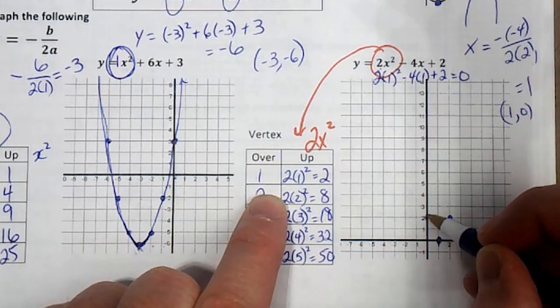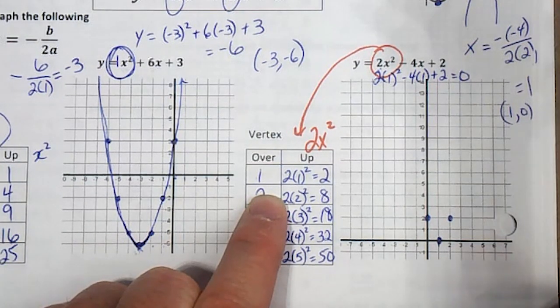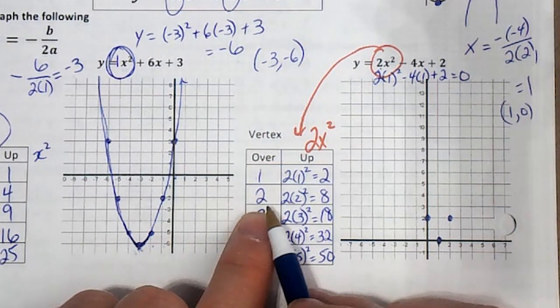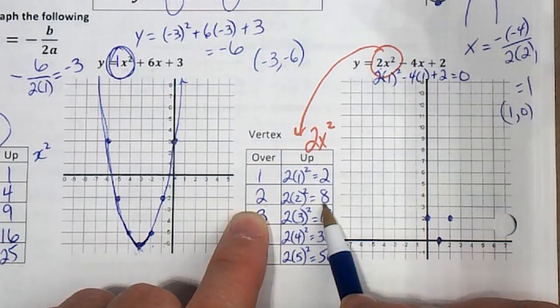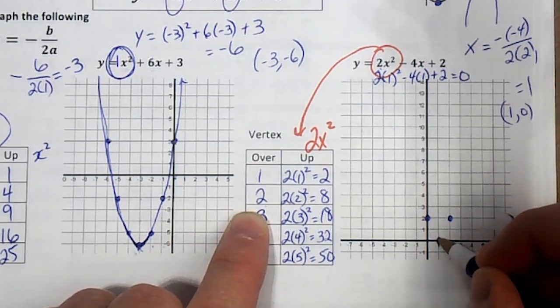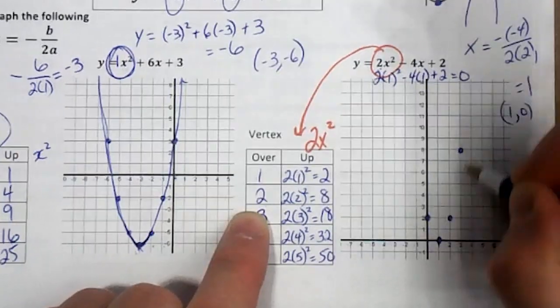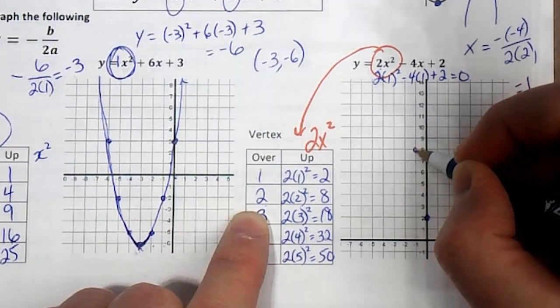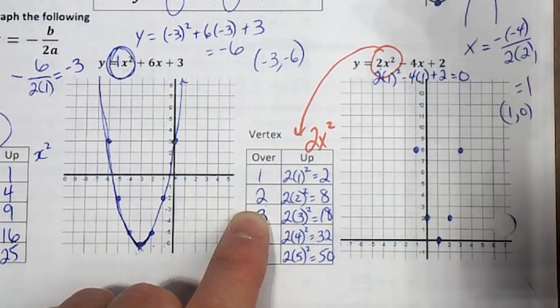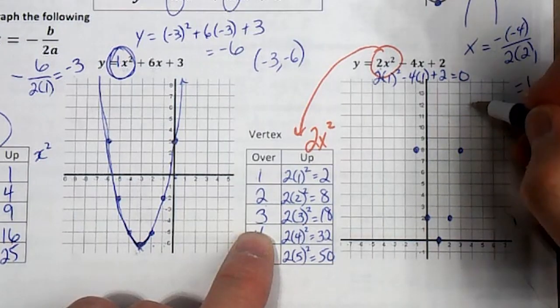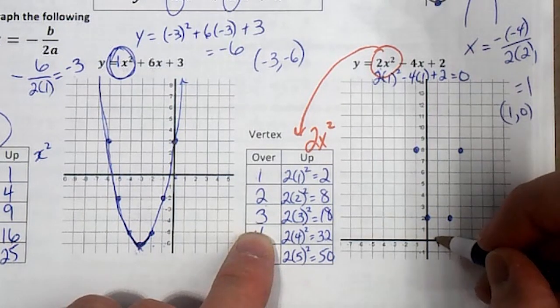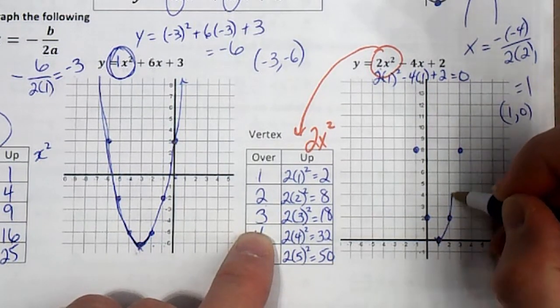Now we can see where it's going. The next point, we've got over 2, up 8. Back to the vertex, always the vertex, over 2, up 8 in both directions. And this one doesn't fit on the graph, so I'm not actually going to hit that next line. Make it curve.